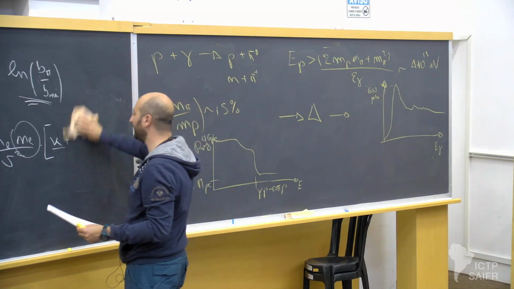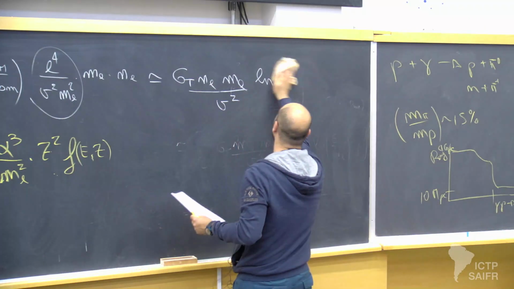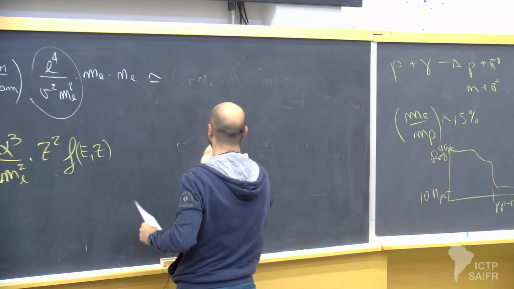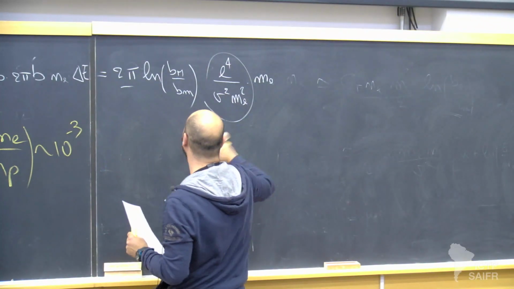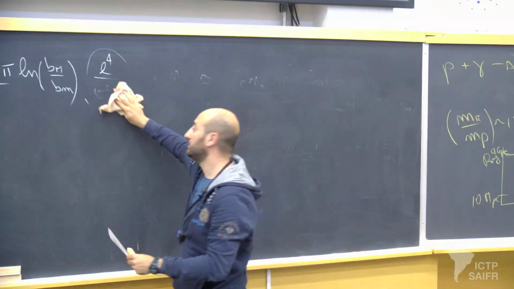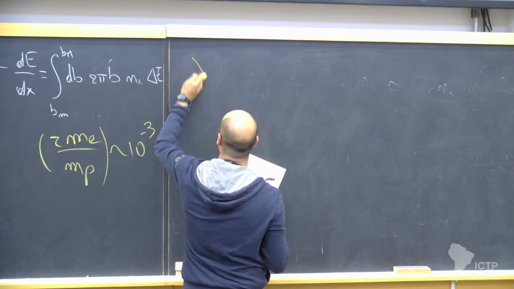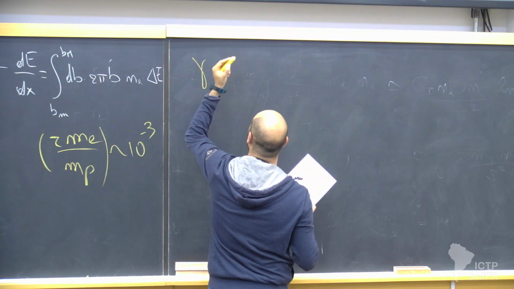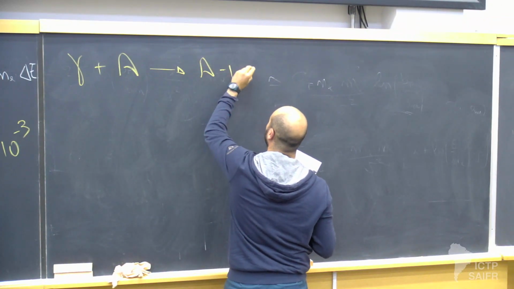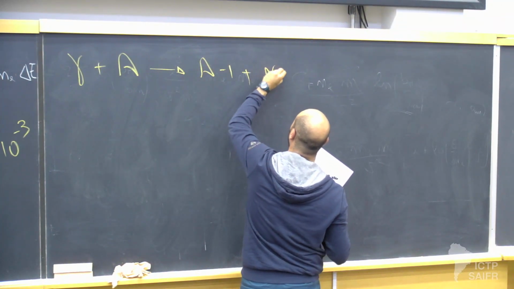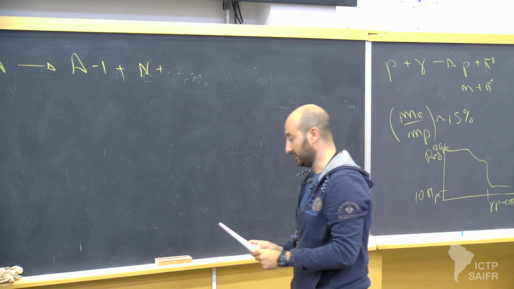Again, can be CMB or can be even the extragalactic background light photons, which are more rare but more energetic, and your nucleus loses one nucleon, or more, in principle, okay? So this is the process where gamma plus my nucleus A goes, for instance, into A minus 1 plus a nucleon plus, okay, the photon can be re-emitted. It doesn't matter, okay?